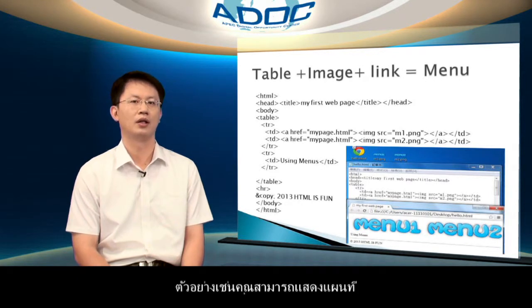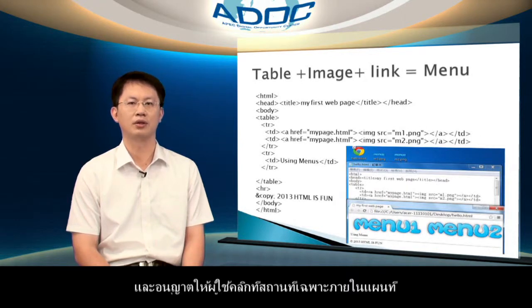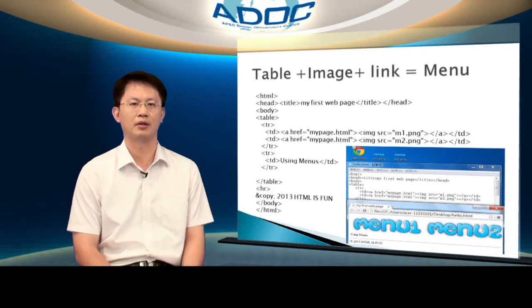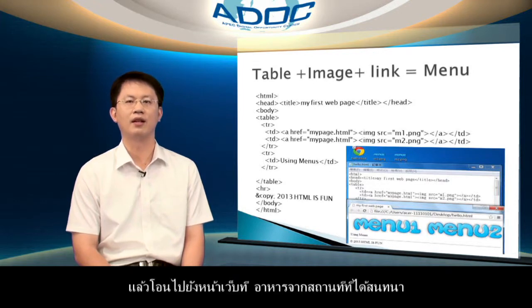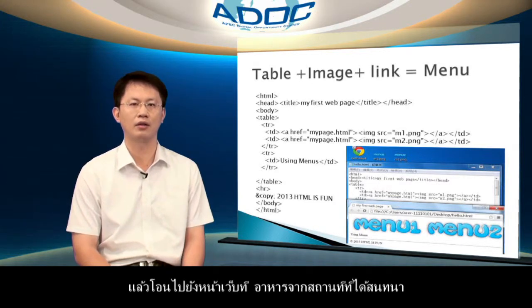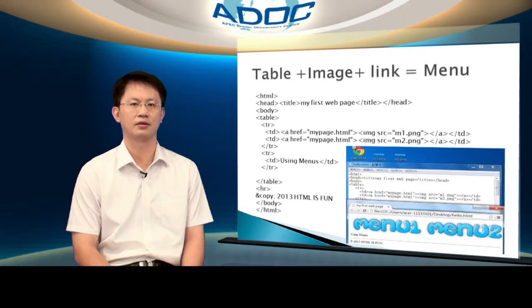For example, you could display a map and allow users to click particular locations within the map, then transfer them to a page where the cuisines of that locale are discussed.